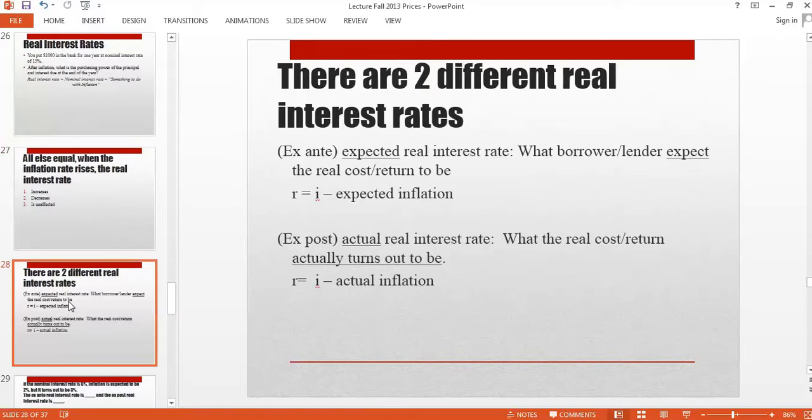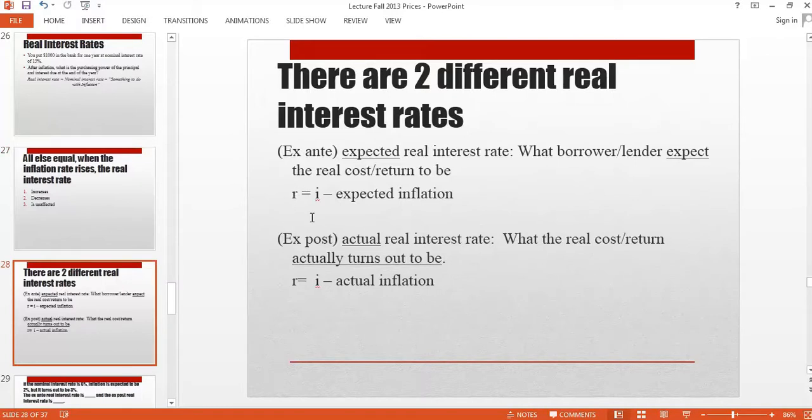And so there's what we call the ex ante, like you ante up in poker, the before the fact expected real interest rate. To figure that out, we take the nominal interest rate, which we can directly observe, that's part of the contract, and then subtract off people's expected inflation rate. We might learn what their expectations are just by simply asking them, and then we could figure out what the real interest rate they expect to occur on the contract is.